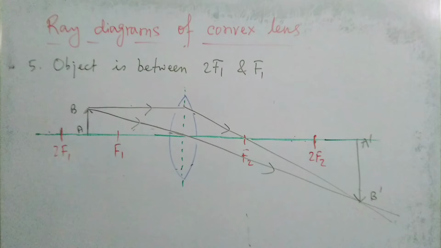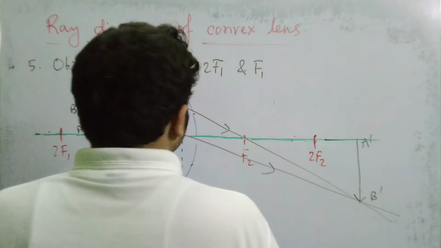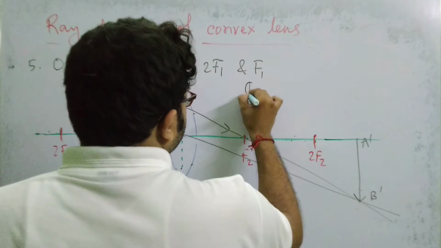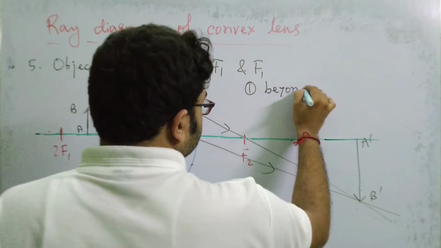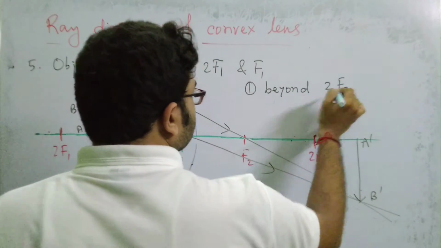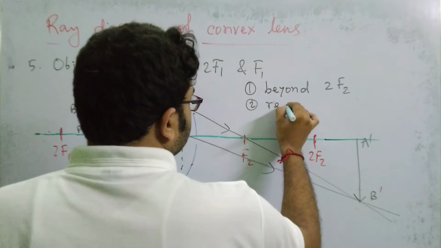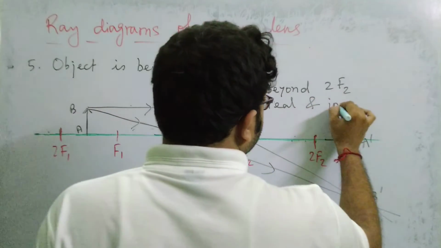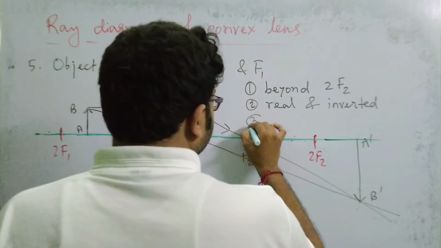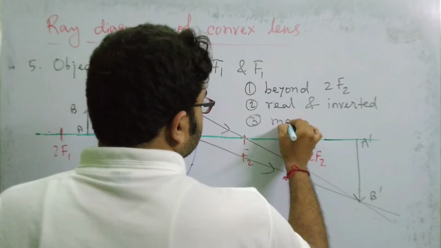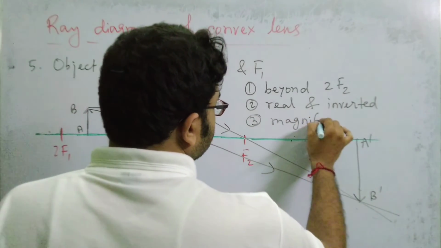Beyond 2f2. The image once again is real, inverted, but the size has been what? Increased, magnified. So the characteristics of the image found beyond 2f2: it is obviously real and inverted, and the third point is that it is magnified.